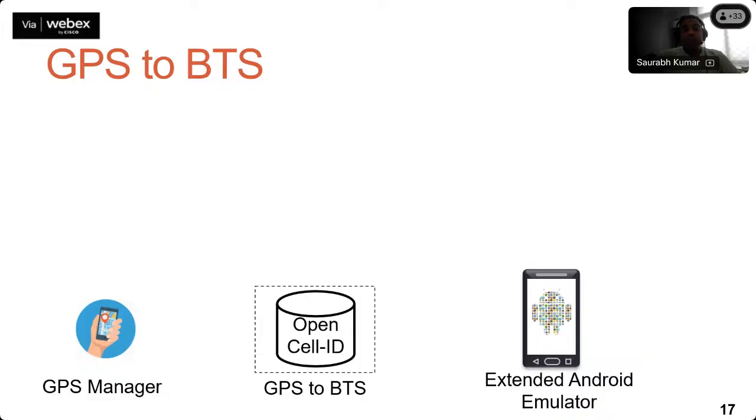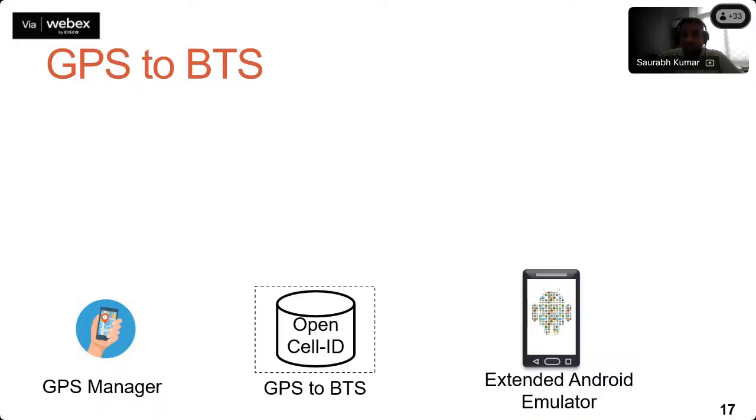So the question is how to design this, because the GPS correlation we can manage based on the Haversine formula, but how do we get the BTS information changed? For that we have the GPS to BTS module within this controller. What is the task of this GPS to BTS module?